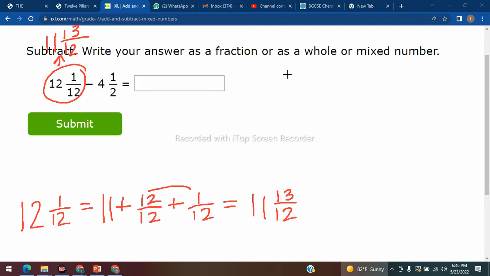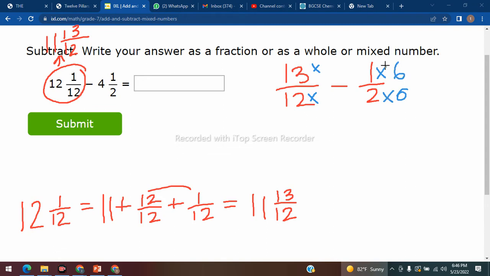And so this is going to be 13 over 12 minus 1 over 2. The lowest common multiple is definitely 12. So what times 2 gives me 12? Good. 6.